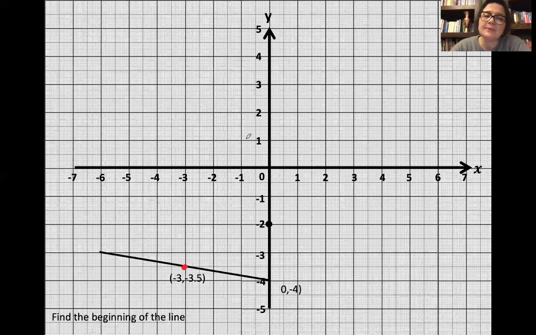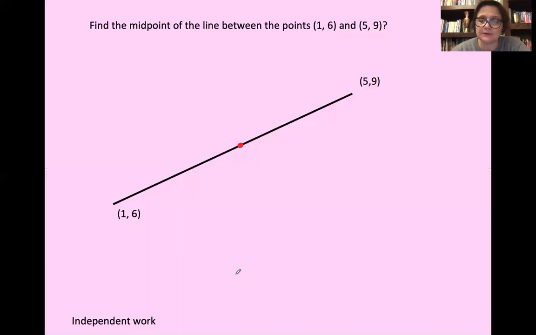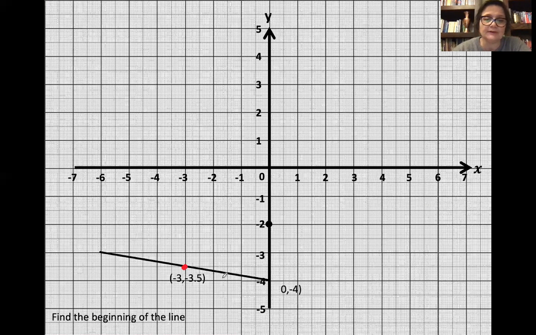Right, how about if we have the midpoint here, and we have the end point, as you see, and we need to find the beginning of the point? The strategy is going to be exactly the same as the ones with finding the coordinates of the end point.